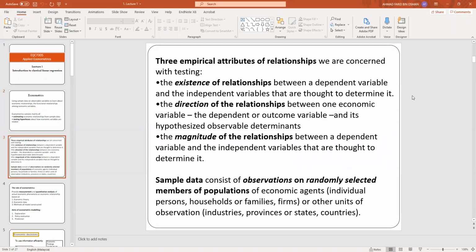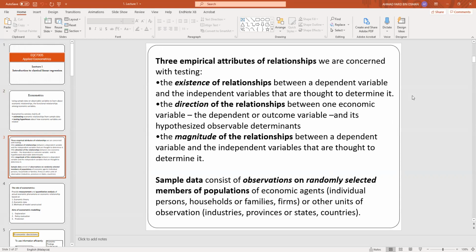So there are three empirical attributes of a relationship we are concerned with testing. The first one is the existence of a relationship between a dependent variable and the independent variables that are thought to determine it. So we would like to know whether a relationship exists between dependent and independent variables. In this case, the dependent variable we also call a response variable, and the independent variable we also call an explanatory variable.